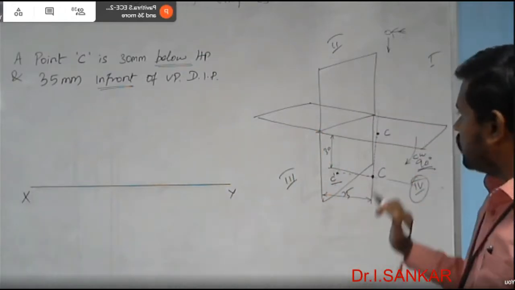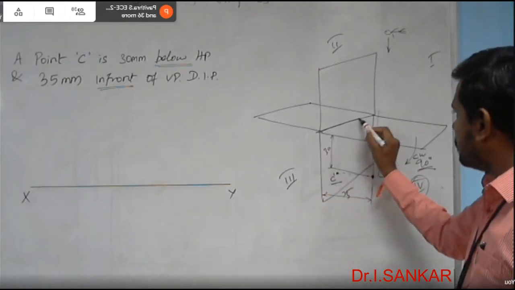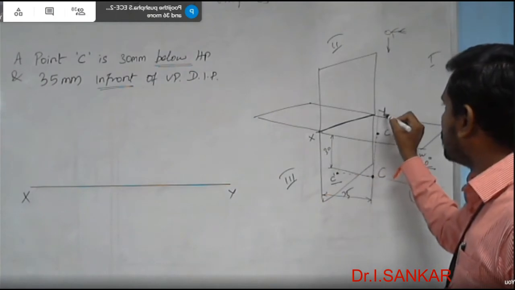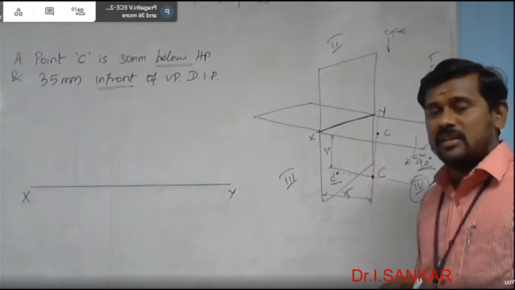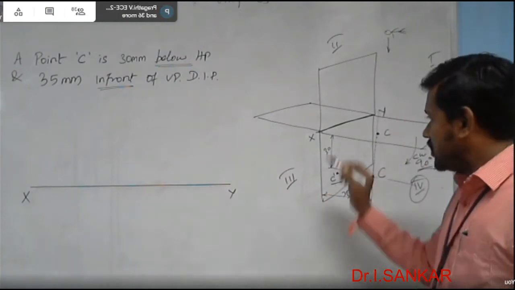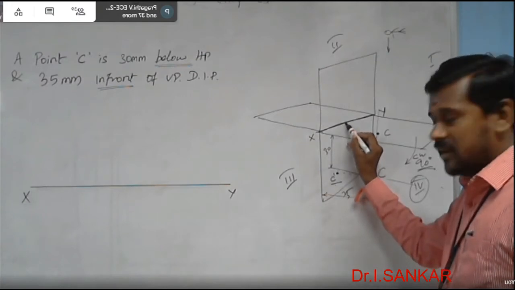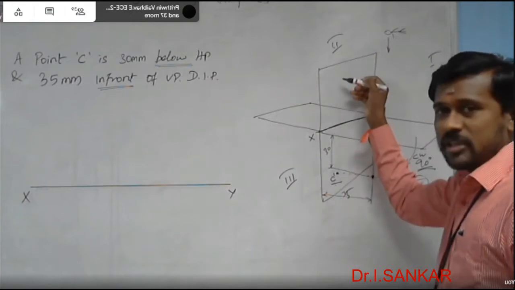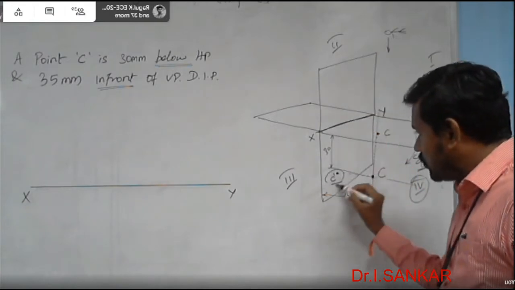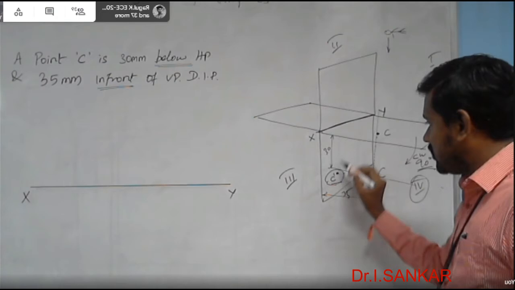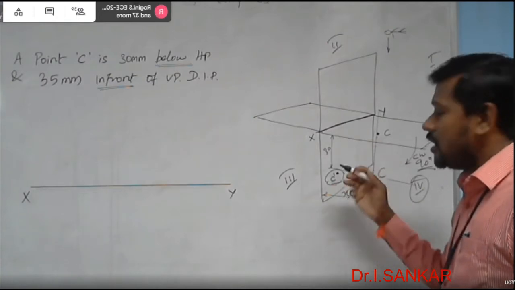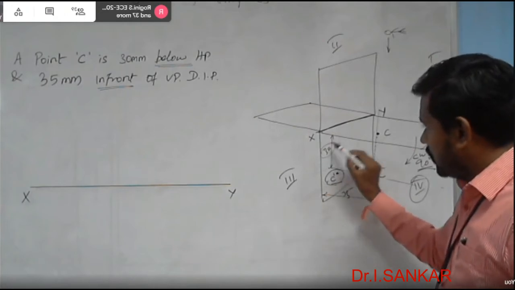So just to find out where the XY line is. XY line is here. The line which is obtained by the intersection of the horizontal plane and vertical plane is nothing but the XY line, your reference line. With respect to this XY reference line, where is the point C dash located, below or above XY? It is actually below the XY line. This is the XY line, this is your C dash, the front view of the point, located below the XY line. How much below? 30 mm below.